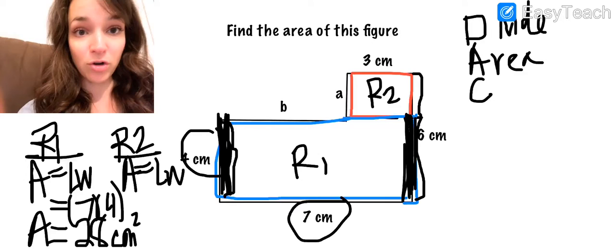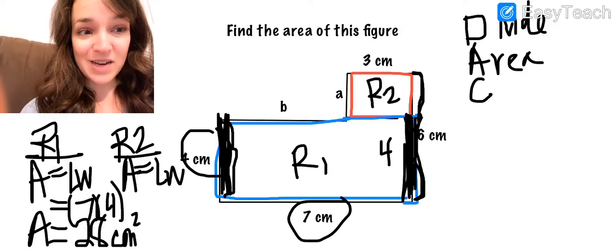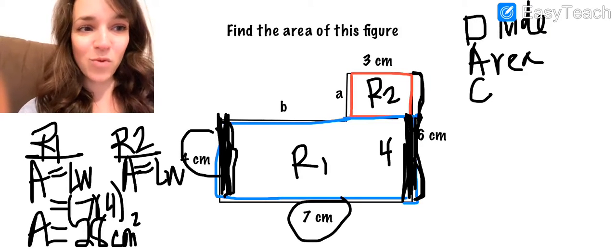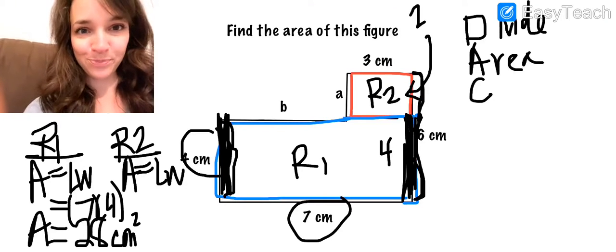Opposite sides are congruent. So if this piece is 4 and I know that this whole thing is 6, then 6 minus 4 would actually make this side right here 2.